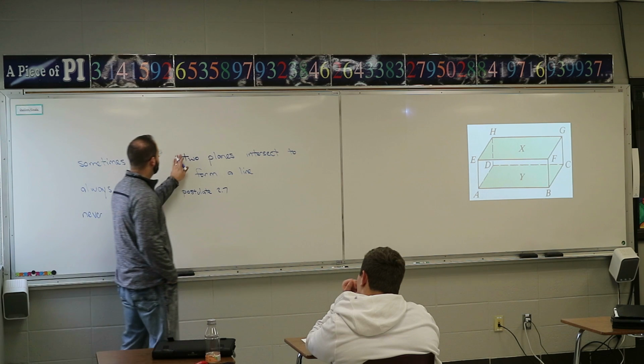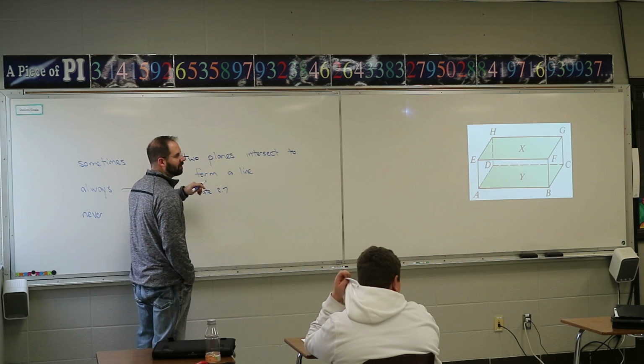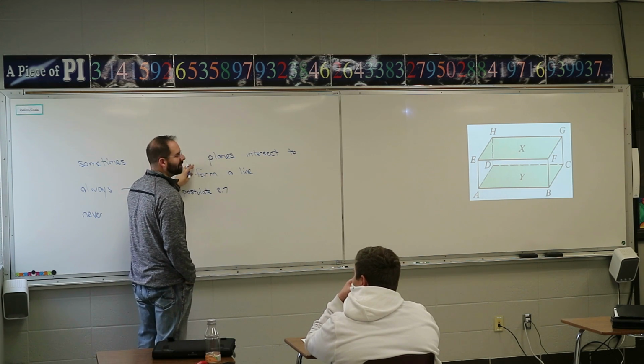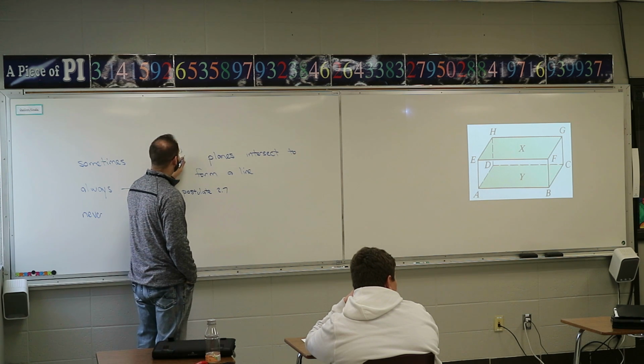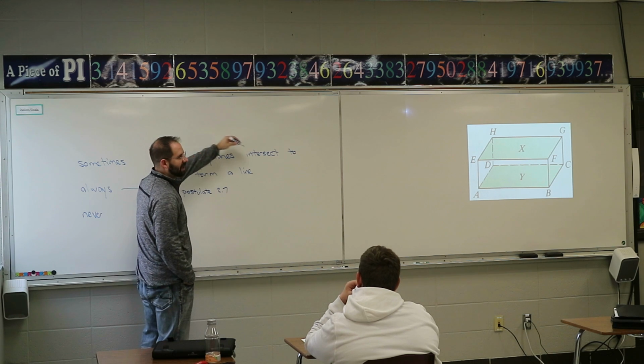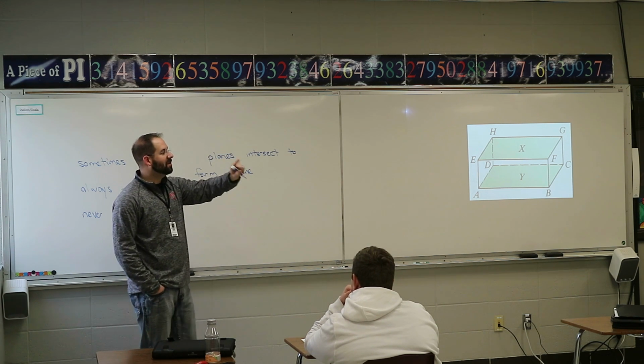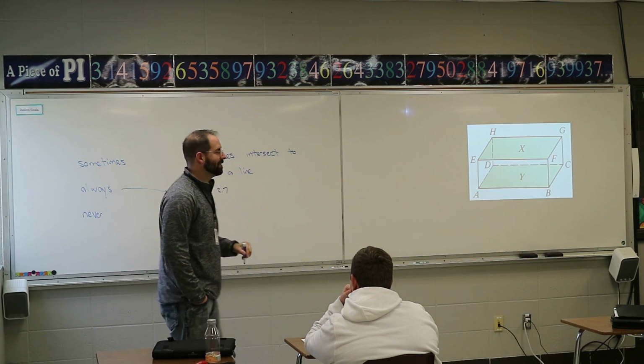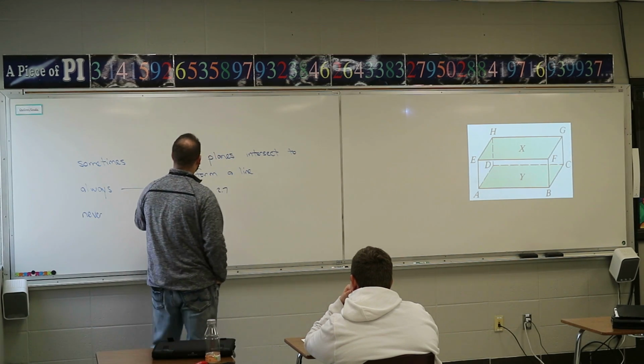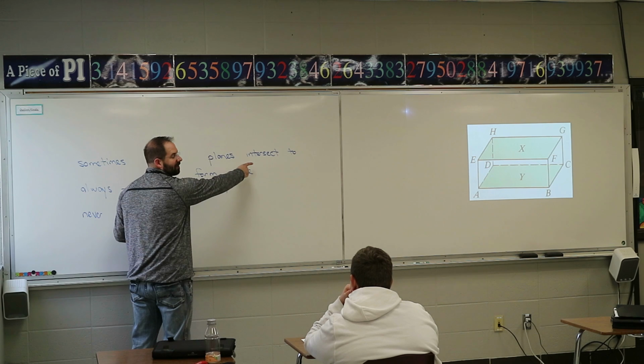Now, question? Okay, so not always do two planes intersect, so how does that work? If they intersect, they have to form a line. If they intersect. But if they don't intersect, that's a different question. Shouldn't it be sometimes? I'm saying that they're intersecting. Oh. I'm saying this.